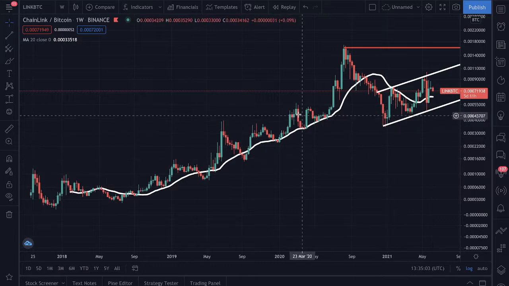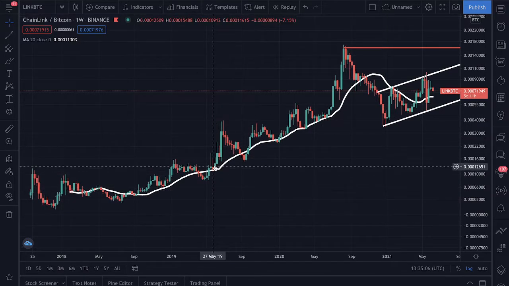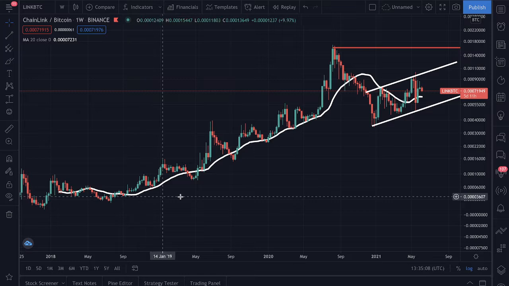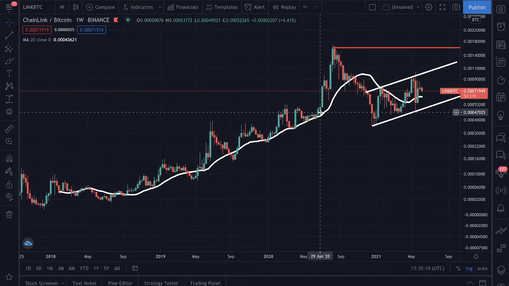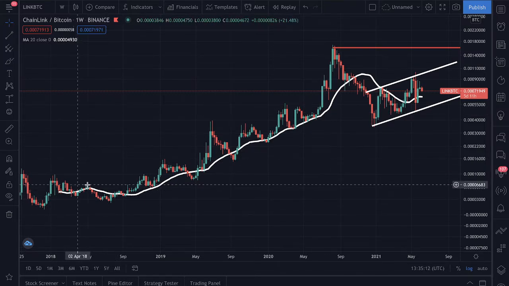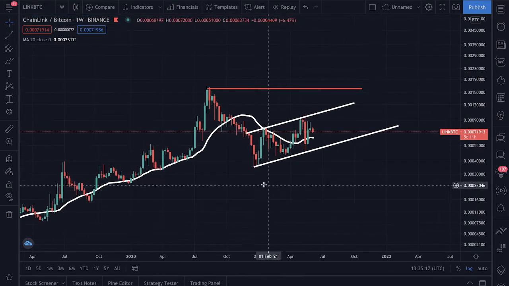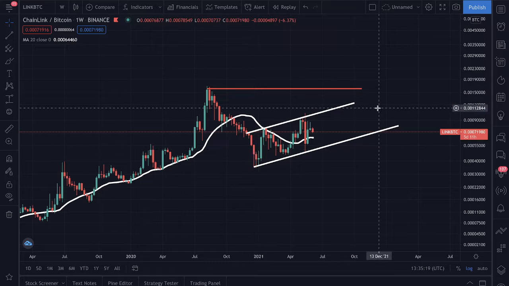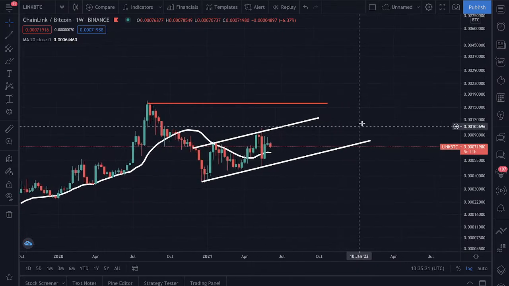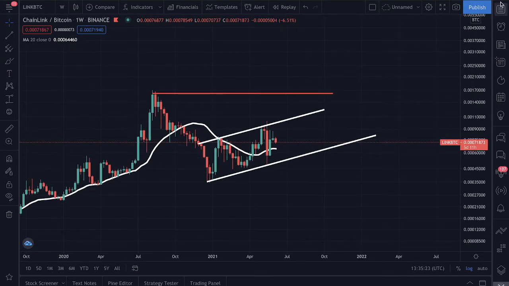It is capable of making those bad moves, but it is also capable of making very good moves. And overall, the good moves outpace the bad moves, let's say, and the overall macro trend is up. With that said, even if we measure it from December, the macro trend is up for Chainlink, and I feel like that is going to continue into the summer.